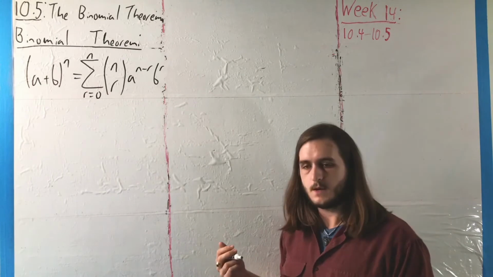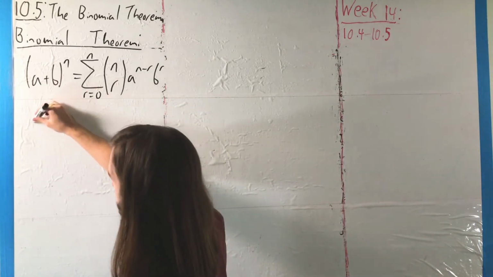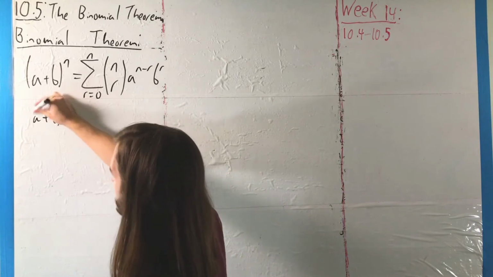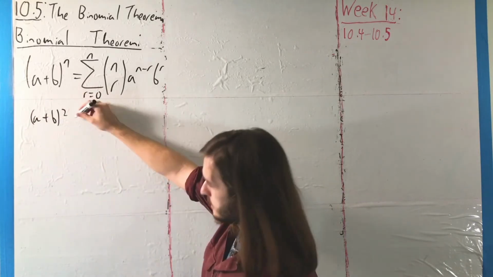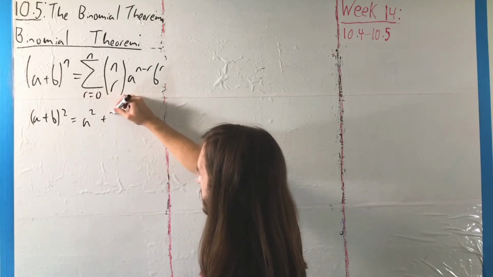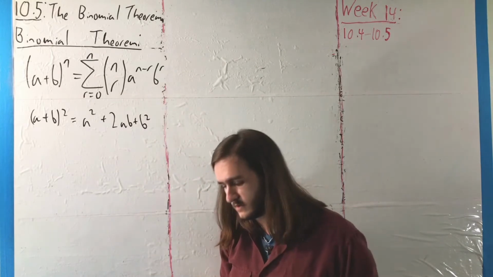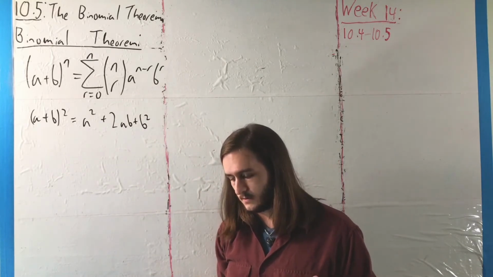So, for example, when we look at something of the form a plus b squared, that is a plus b raised to the power 2, well, it's something we should have some familiarity with. That's a squared plus 2ab plus b squared. It's pretty straightforward. You've done this many times.